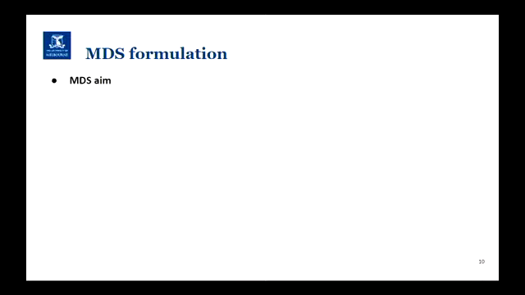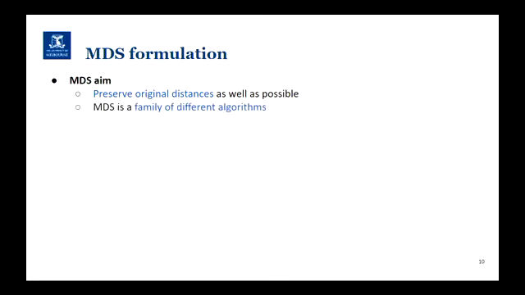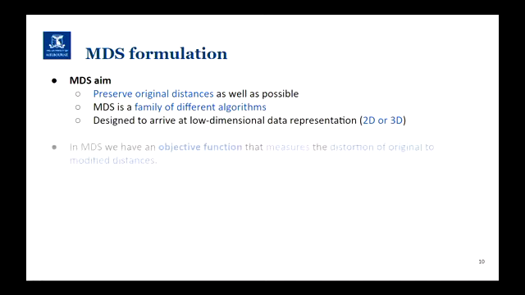Therefore, the MDS formulation is as follows. We want to preserve the original distance as much as we can. Of course, this is an approximation. It won't be perfect, but we want to preserve the original distances between points in high dimension as much as possible. Multidimensional scaling is actually a family of different algorithms designed to arrive at a low-dimensional data representation, usually 2D or 3D.